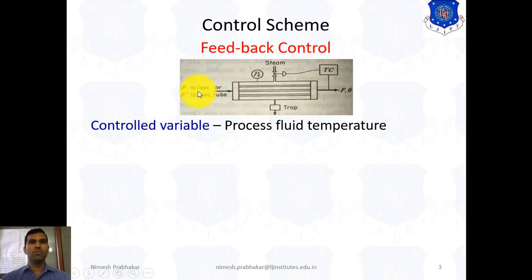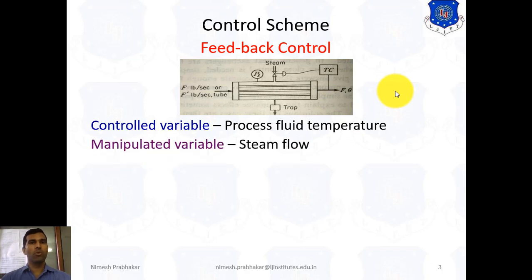The water enters from this side, and this is the outlet of the water. The main aim is to control the temperature of this outlet fluid, so for that purpose the controlled variable is the process fluid temperature. The manipulated variable is steam flow.